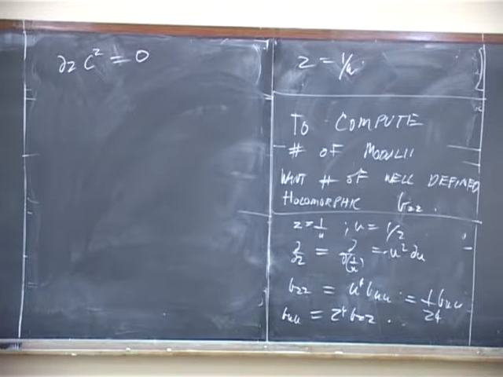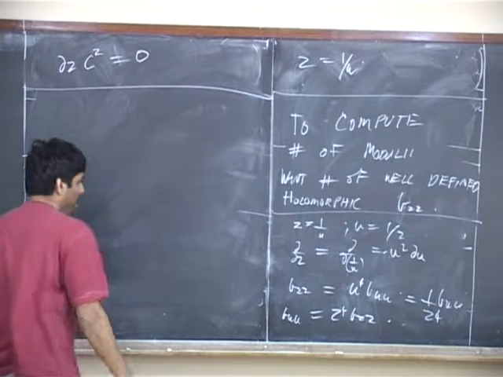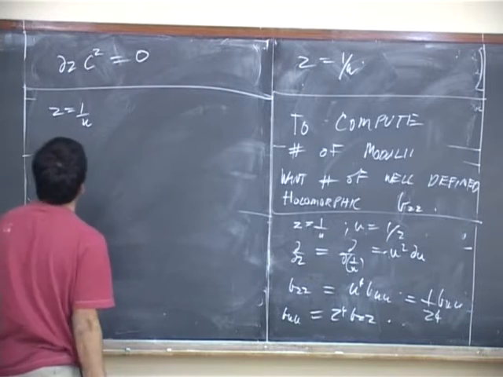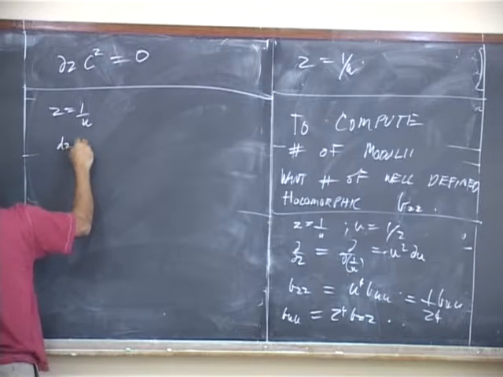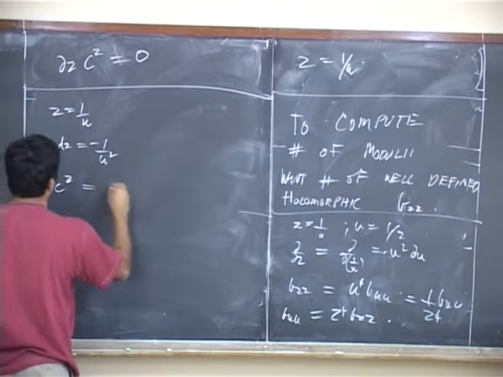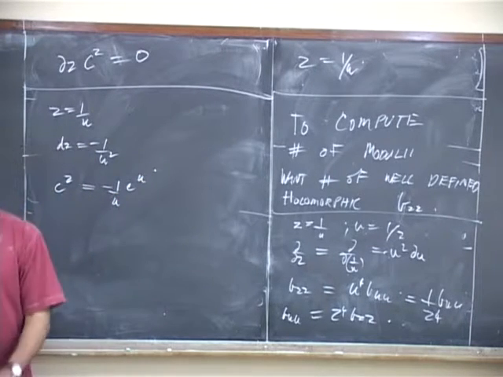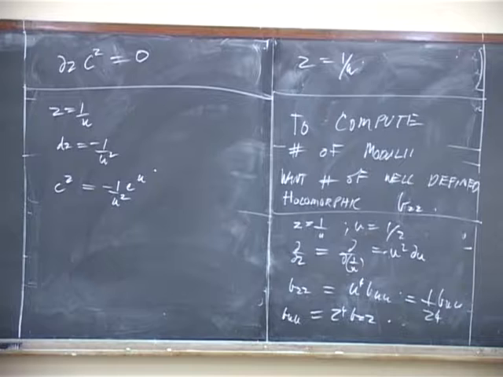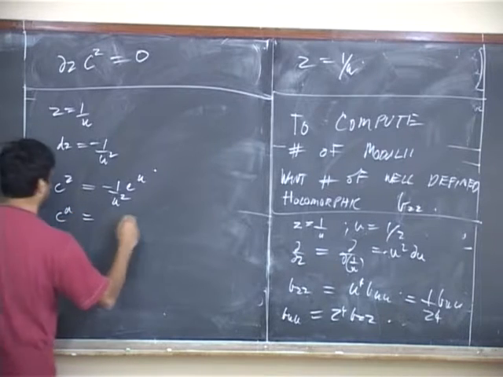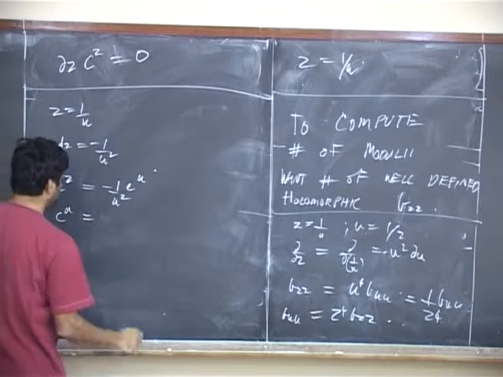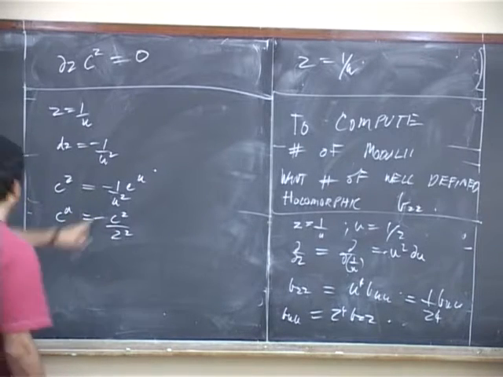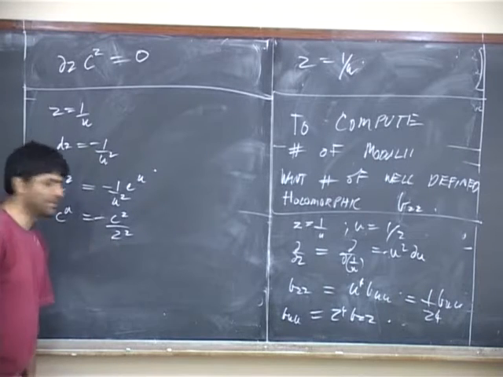Now let's work out the same magic. z is equal to 1 by u, so that tells us that C^z, which transforms like dz, and dz is equal to minus 1 by u squared du. So C^u is equal to u squared times C^z, which is C^z by z squared.